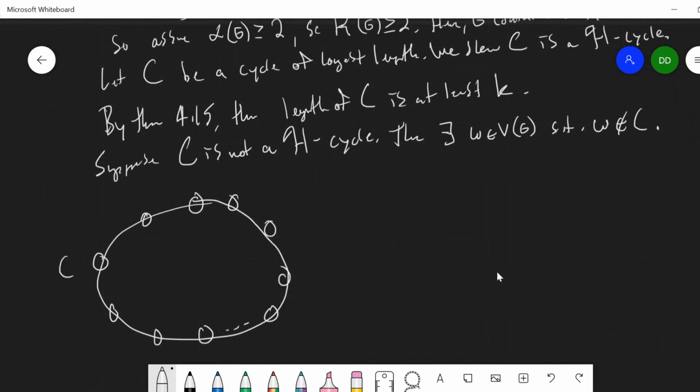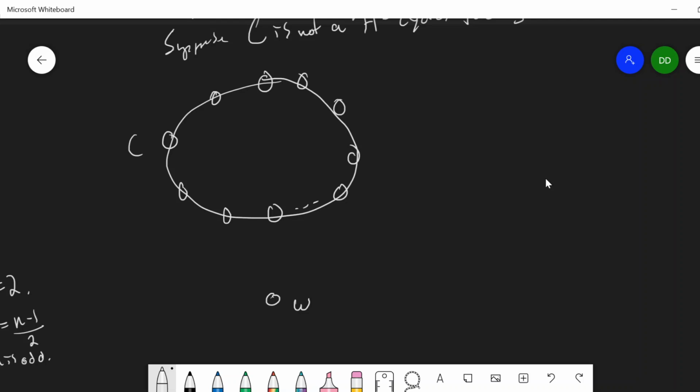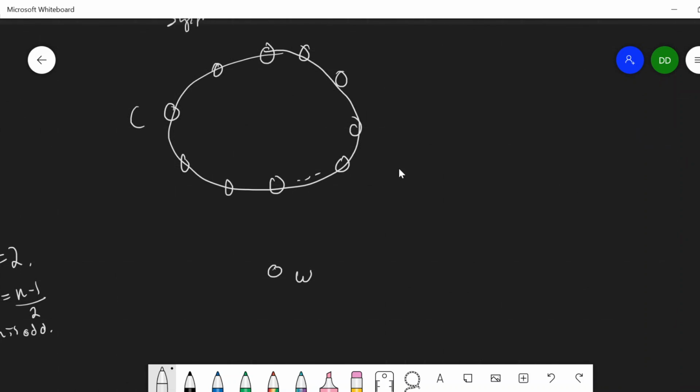And I can do this in a way that I choose shortest paths from W to the cycle, so I can say that these K paths will contain only one vertex of the cycle and will not intersect each other. So pairwise disjoint paths, except for W, so internally disjoint paths.